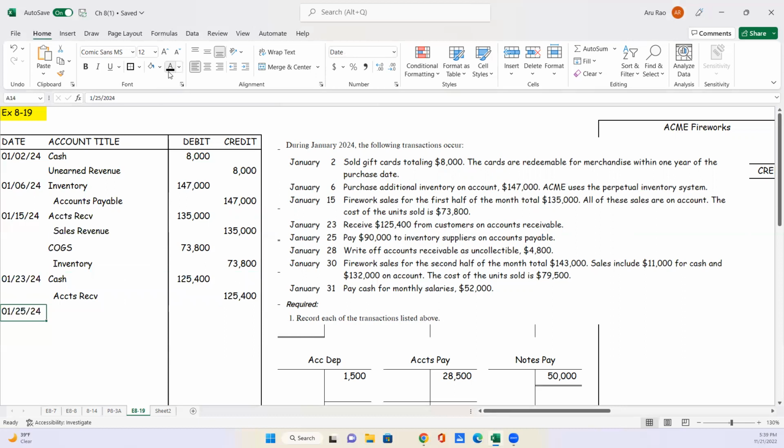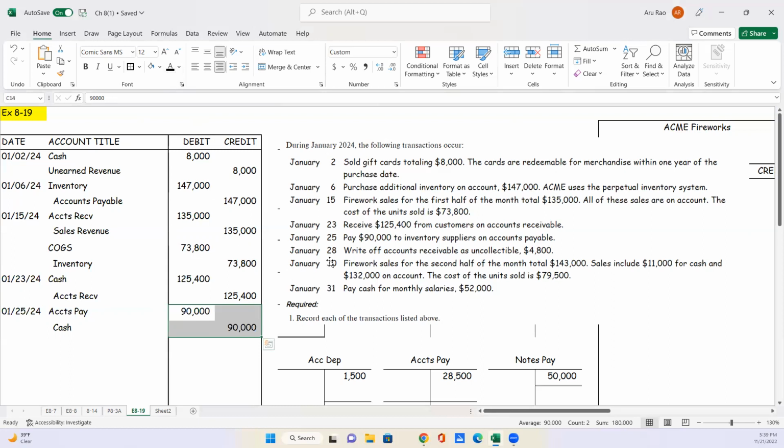Then on the 25th, I paid $90,000 to inventory suppliers on accounts payable. So people who I had purchased from, I'm paying them. My journal entry is accounts payable debit, my liability gets decreased, and cash credit, and that amount is $90,000.